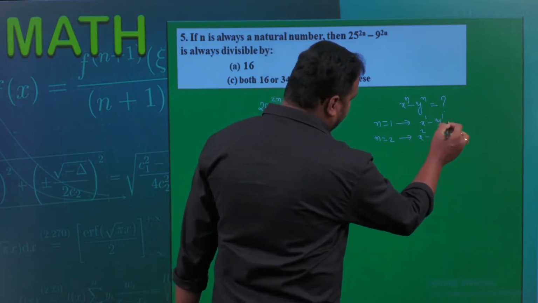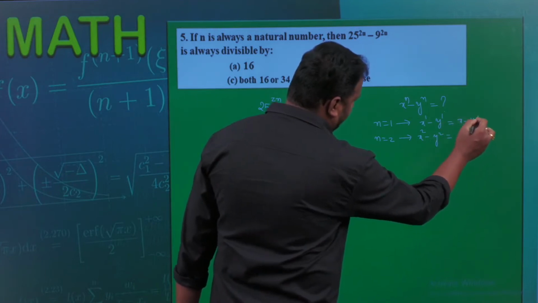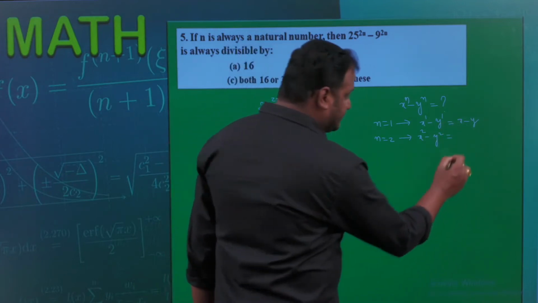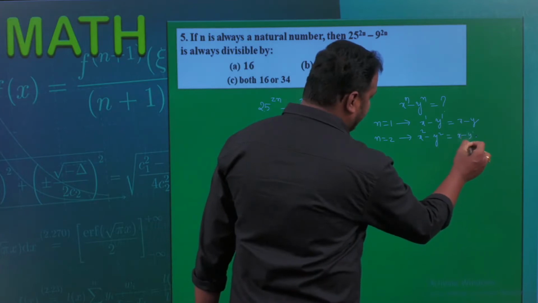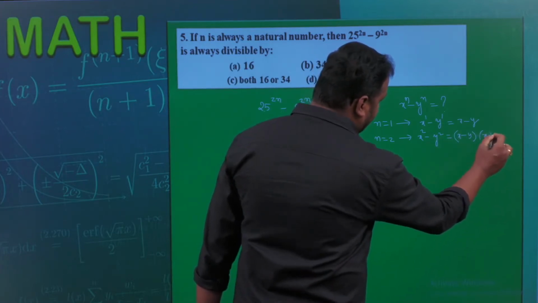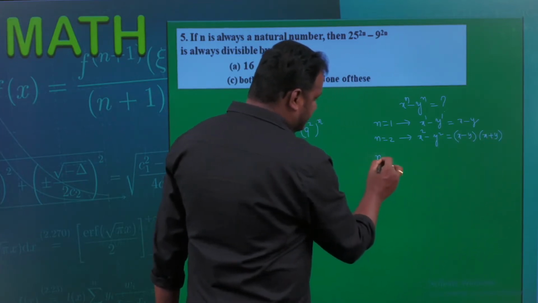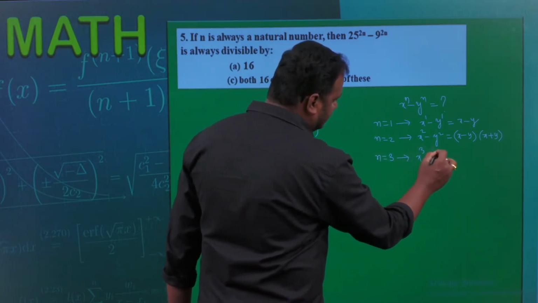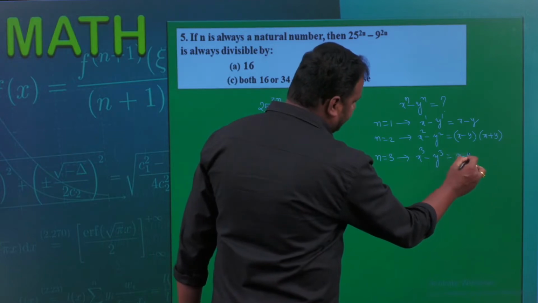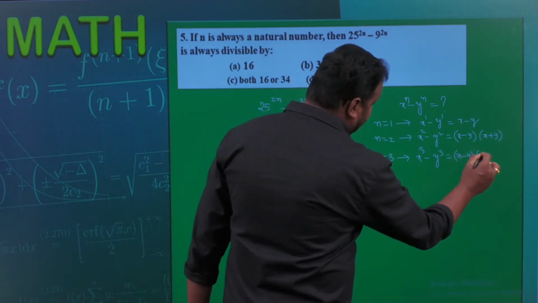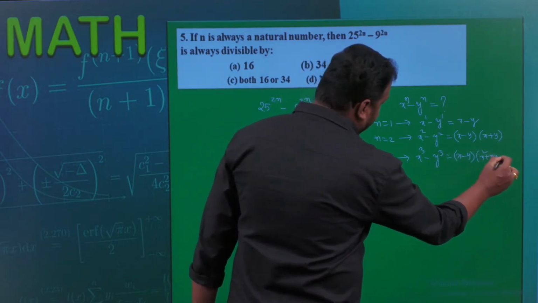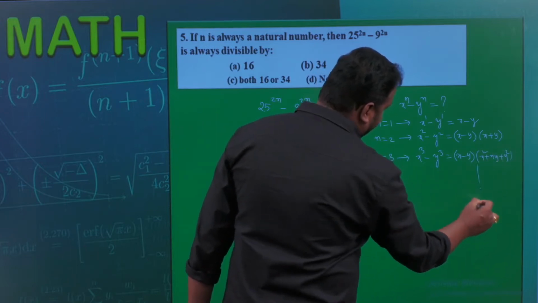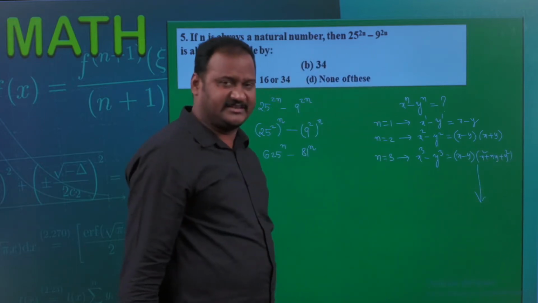So x power 1 minus y power 1 means x minus y. And x square minus y square is going to be x minus y times x plus y. And if n is equal to 3, then x cube minus y cube is equal to x minus y times x square plus xy plus y square. So like that you can write expansions easily.